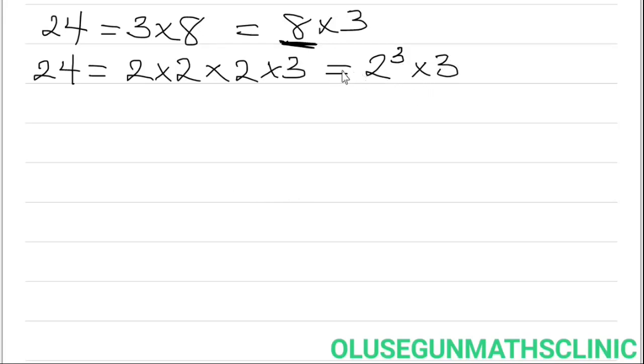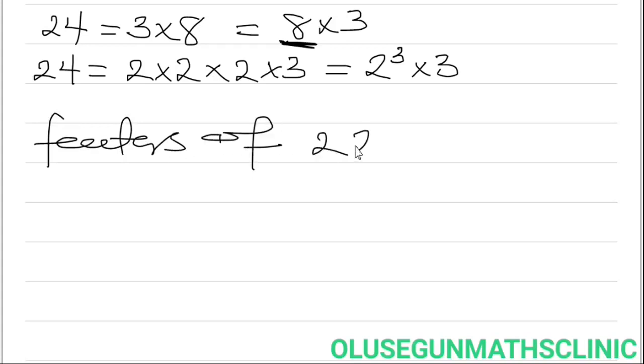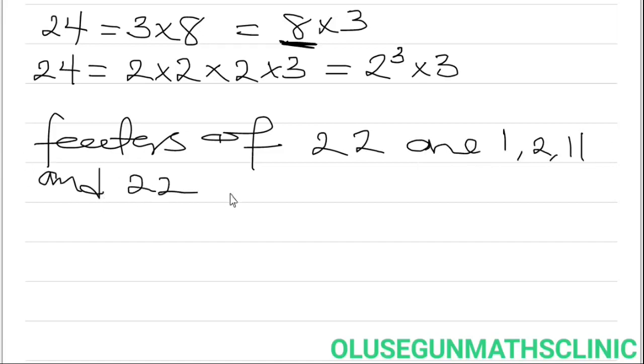Now, I want to have another example that relates to the factors of numbers. So let's find the factors of 22. The factors of 22 are 1, 2, 11, and 22.